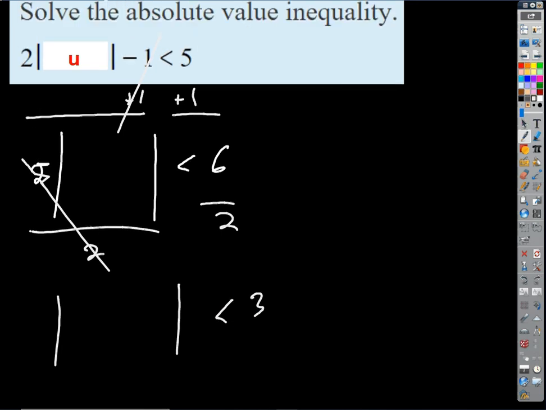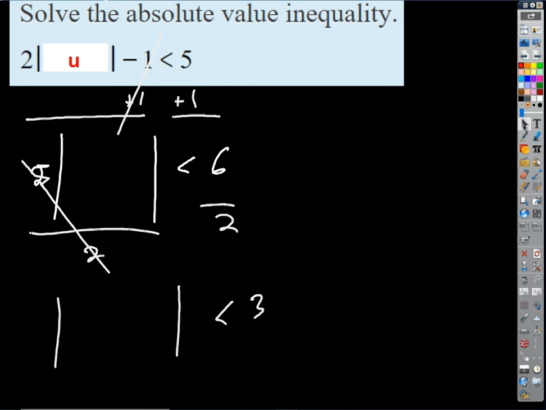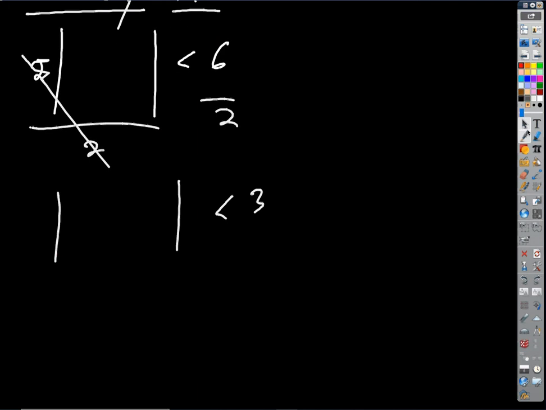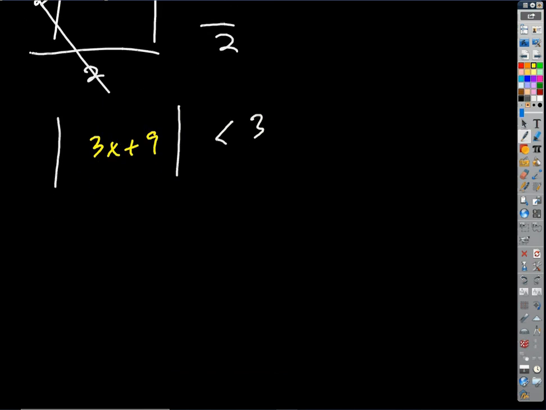Well, now finally we can look at what's inside. So what is inside? 3x plus 9. Okay. So whatever's inside, you can trade it with two inequalities in the form of an and compound inequality. So how do I do that?